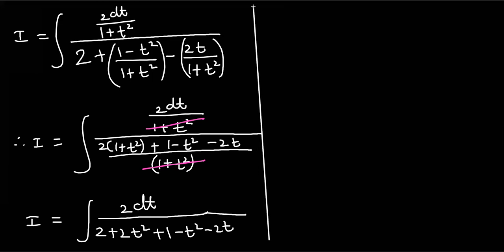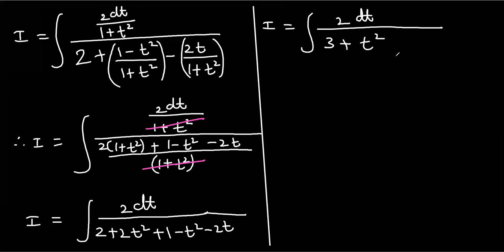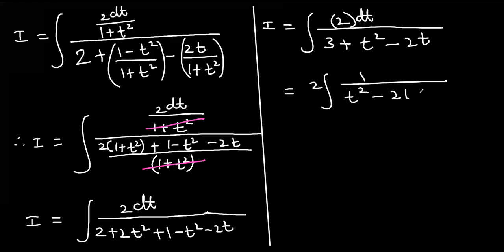So therefore I equals 2 dt upon, here 2 plus 1 is 3, then 2t square minus t square is t square, minus 2t. This 2 you can take out. So 2 outside, 1 upon t square minus 2t plus 3, and dt.